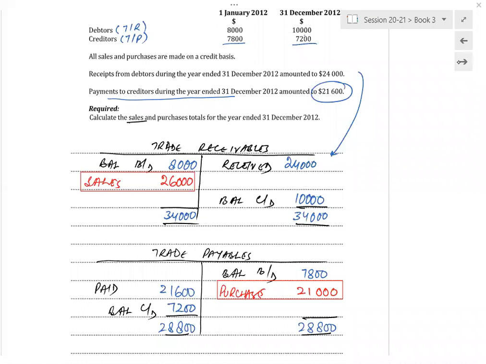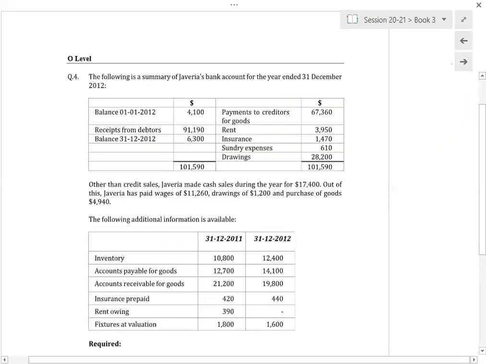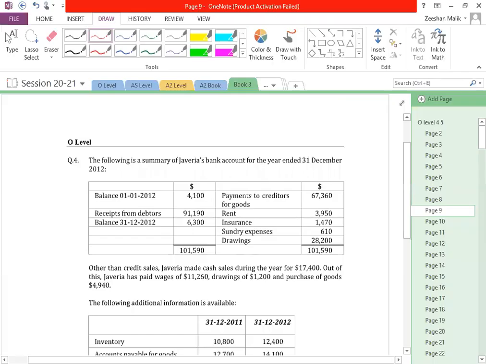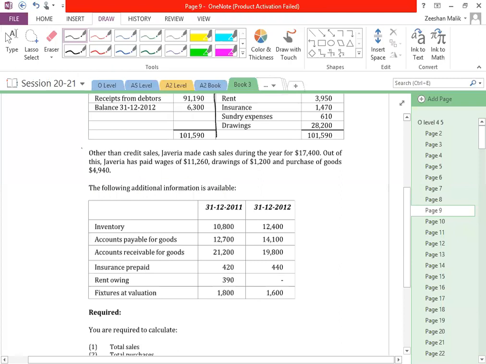I'm moving towards the next question. In question number 4, the following information is a summary of Javedia's bank account. You have a bank account, simply a T account of a bank, right? This is the receipt side and this is the payment side. Here is some information in the paragraph.